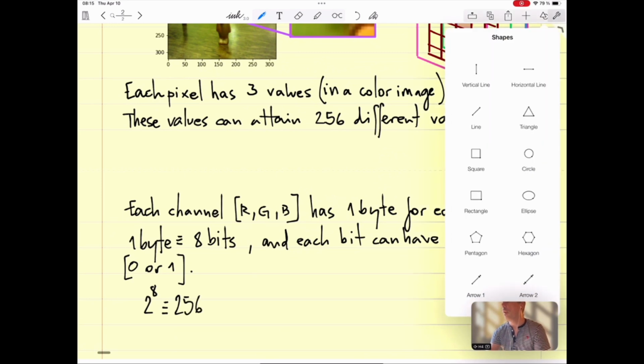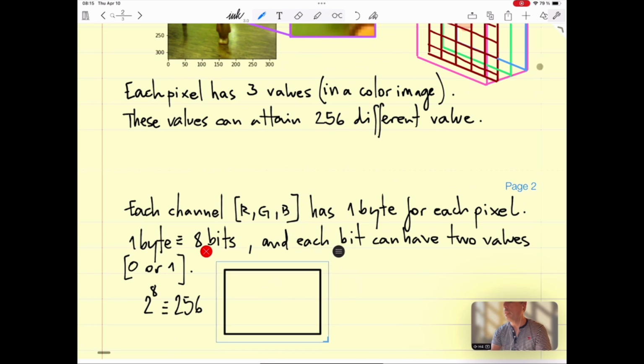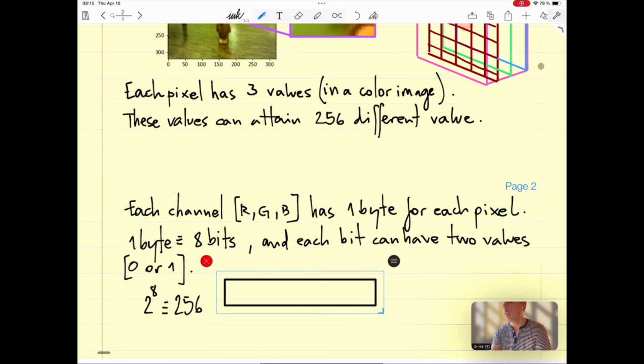If we visualize it, this is the pixel, a number of 8 bits.